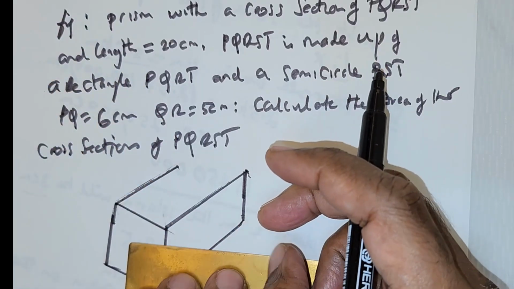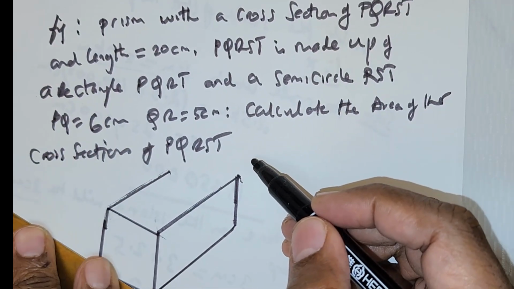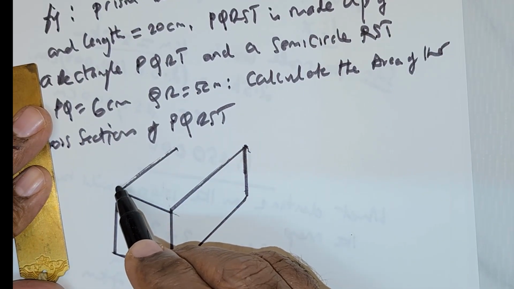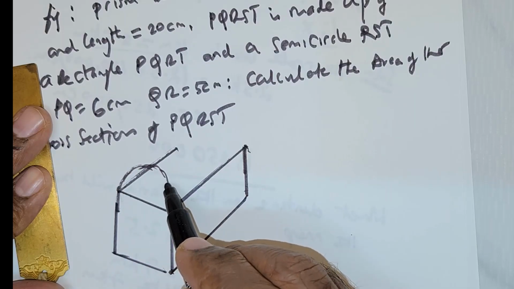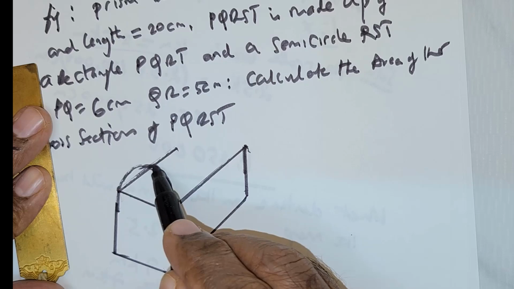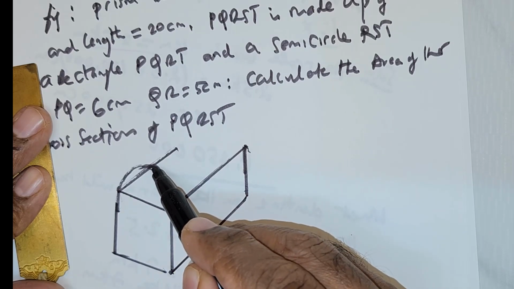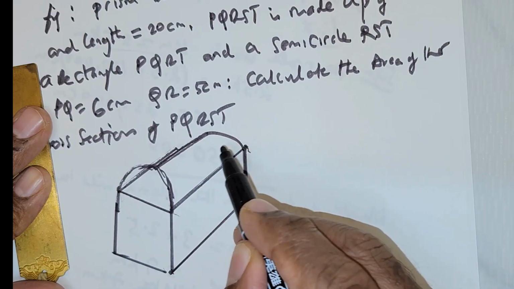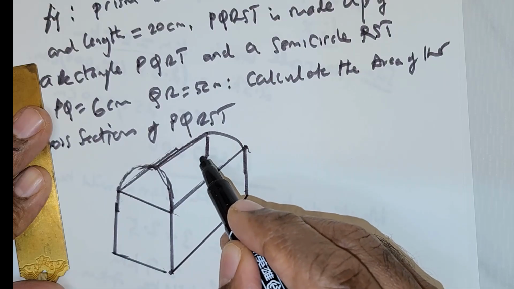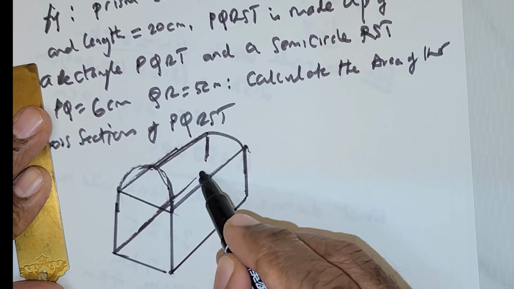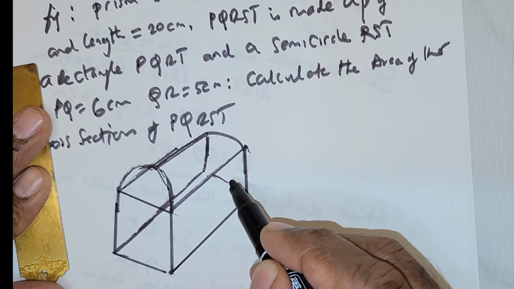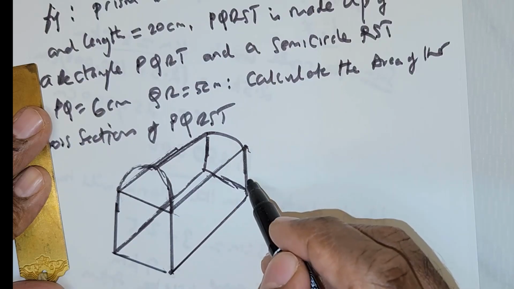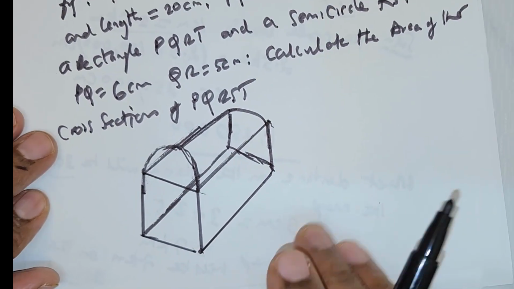Okay, so you have an arch there. Okay, it's a semicircle, and okay, so that's a rough depiction.